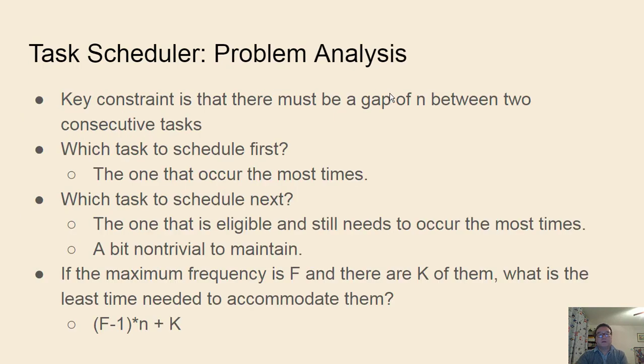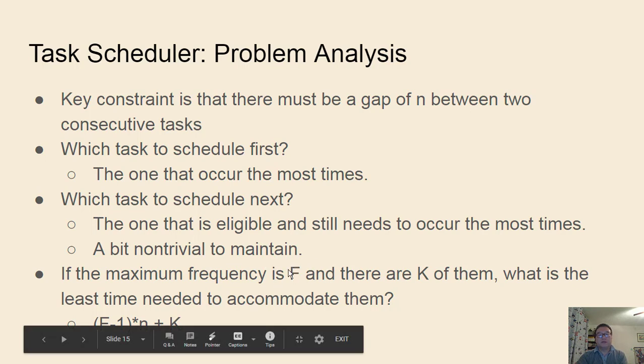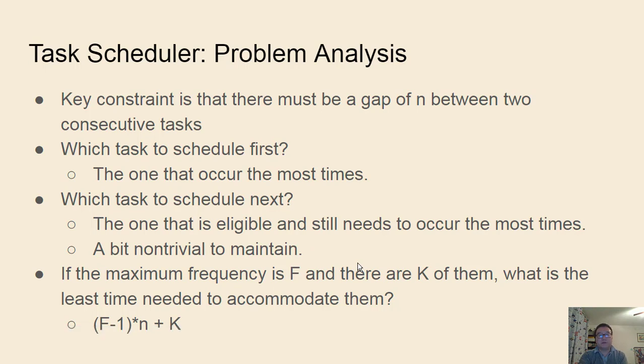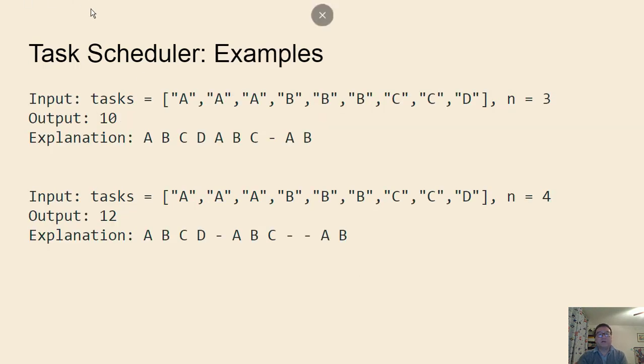Then we have to accommodate these. The hope is that once we accommodate all these tasks, the rest should be fairly straightforward. The way to accommodate this is to make a block of size n+1.